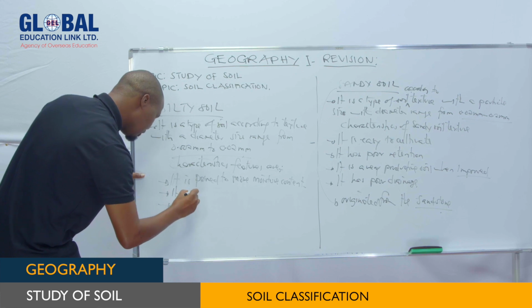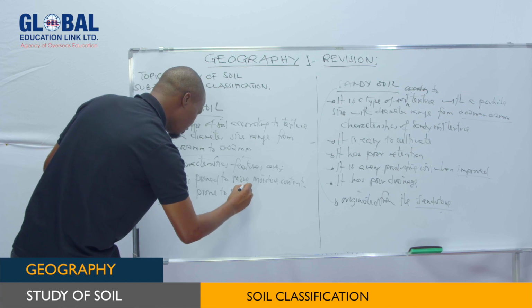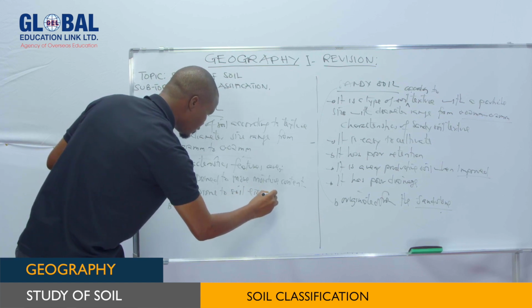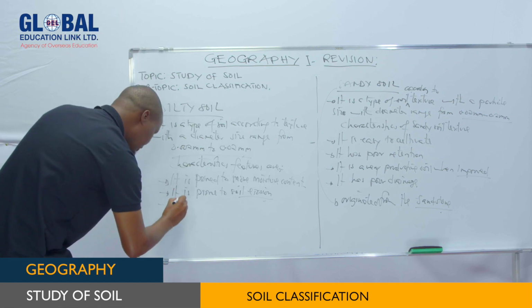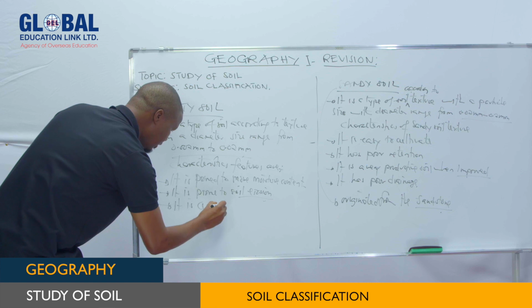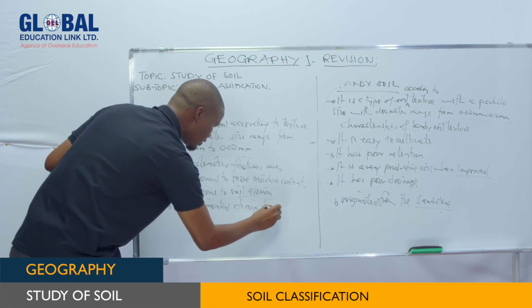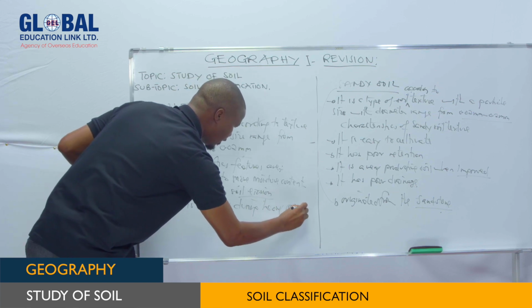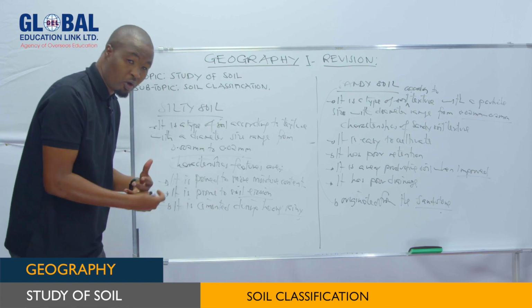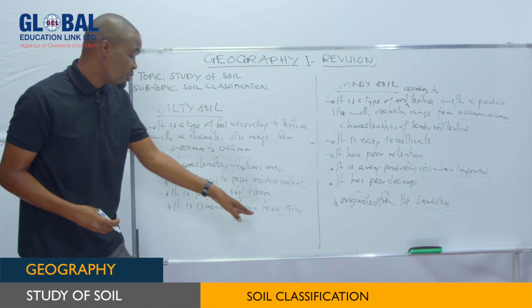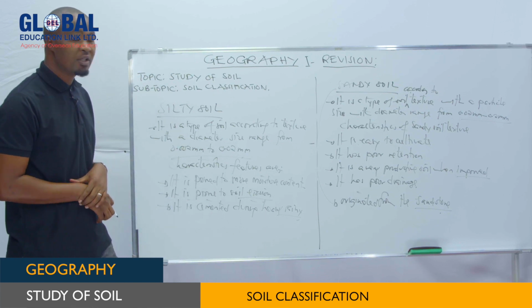Then it is prone to soil erosion. You see, it's easier for erosion to occur. It is cemented during heavy rain. It means this type of soil is always cemented, it becomes compacted with each other, especially during the rain. So this type of soil we call the silt soil.